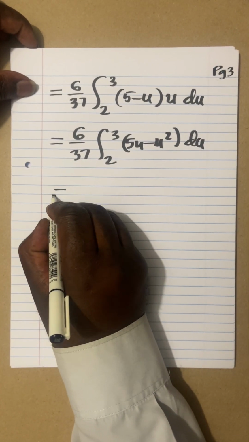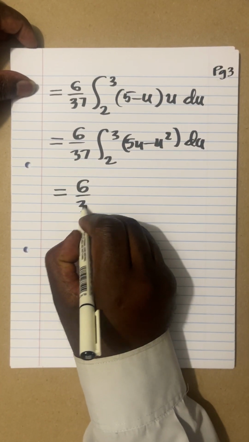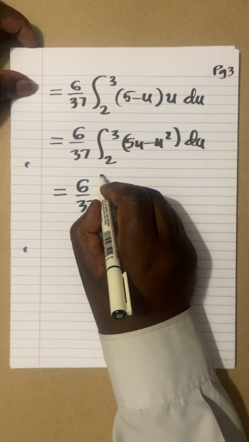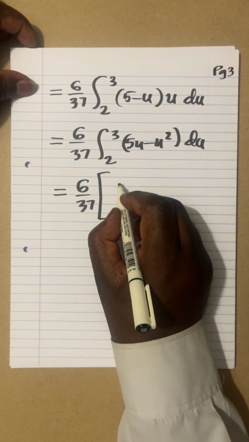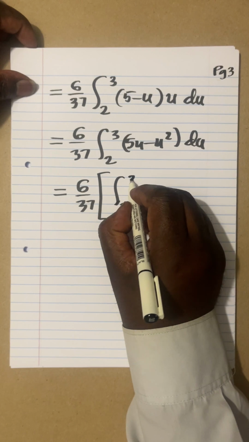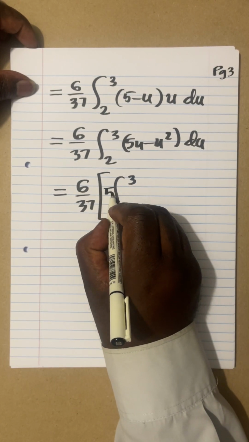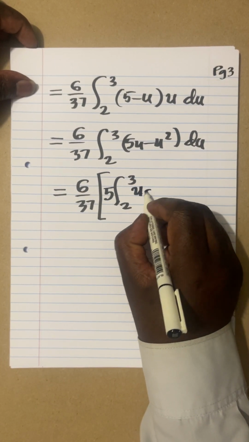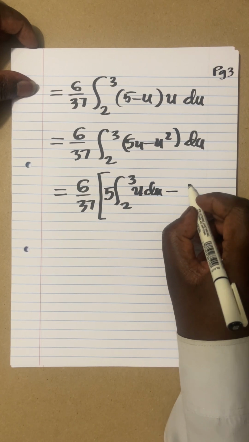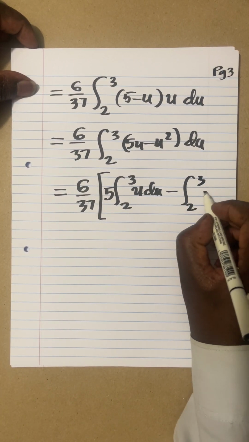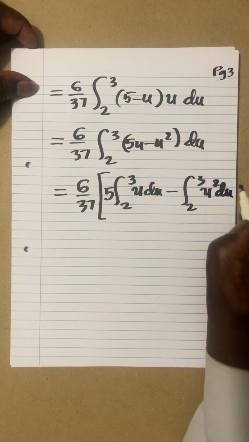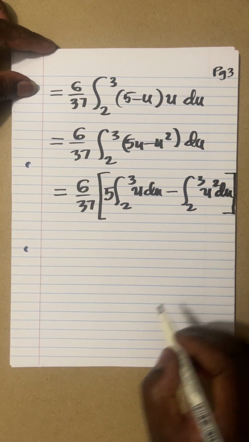So I'm going to say this is equal to 6 over 37, and let me open a bigger bracket here, and I'm going to say the integral from 2 all the way up to 3, keep 5 out because 5 is a constant, of u du, minus, check this out, the integral from 2 to 3 of u squared du. And then we close that bracket like so.